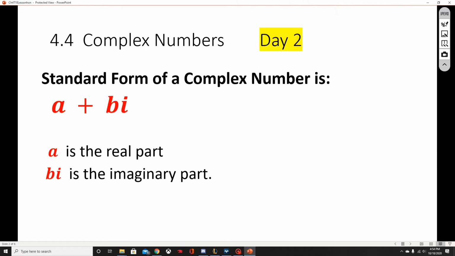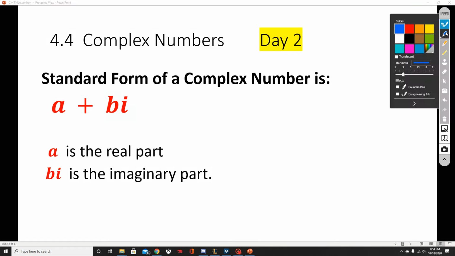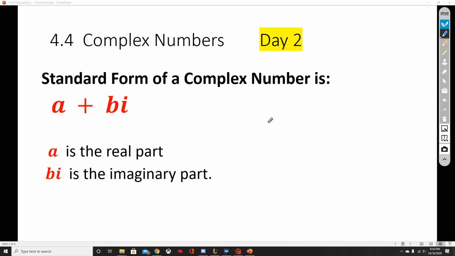All right, now the standard form of a complex number, because a complex number is a sum of a real part and an imaginary part. So sometimes you will have both. The a is the real part, and the bi is the imaginary part. So, for example, 3 plus 2i.